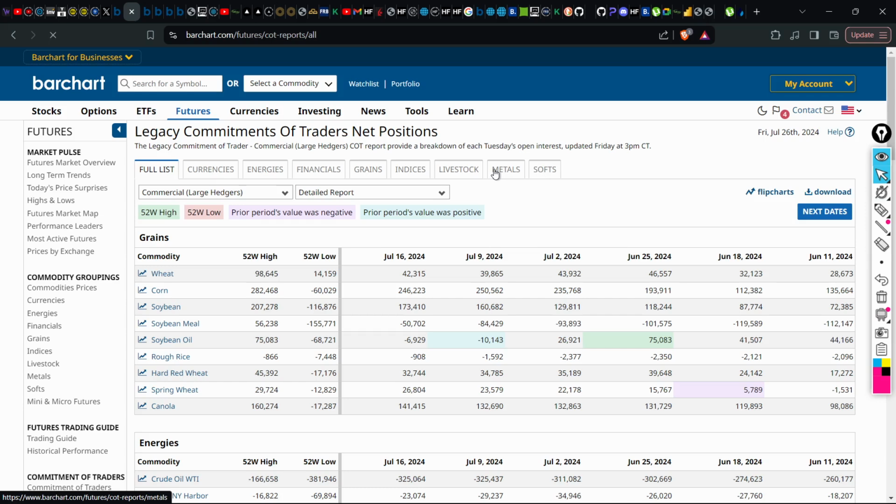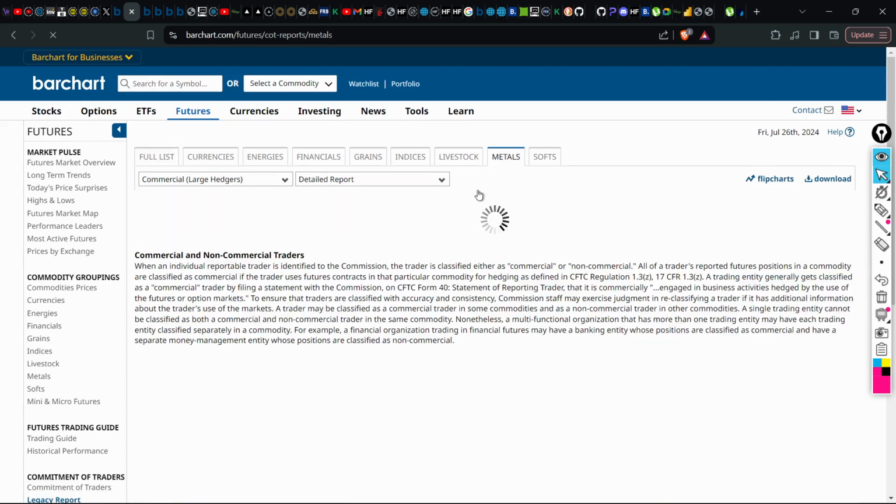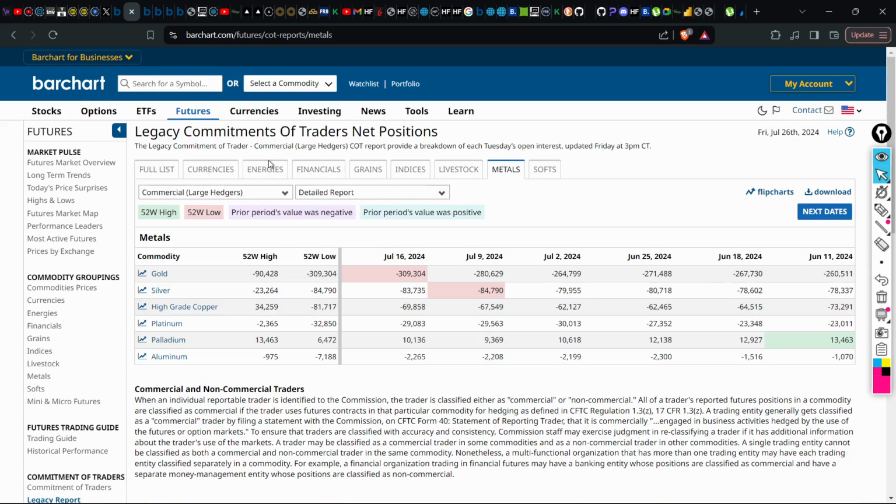So going now to metals here, remember, just as it has been stated on the website, the legacy commitment reports are usually classified by exchange. But what's here on this website is the combined positions of these contracts from all the exchanges combined. All right.